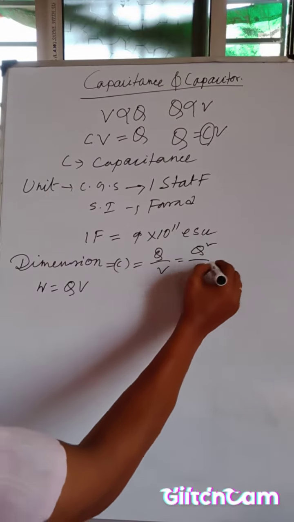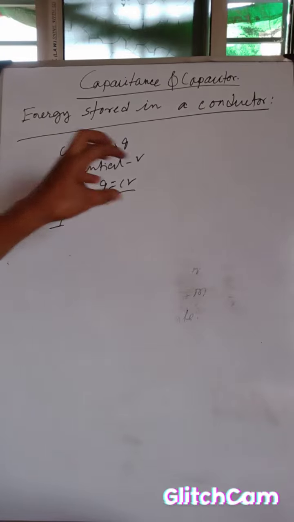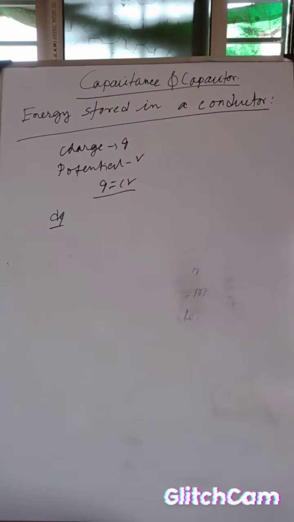Now we want to give an amount of charge dq. Then listen carefully: we have to do some work against the repulsive force of that existing q. That work is stored inside the conductor as potential energy.